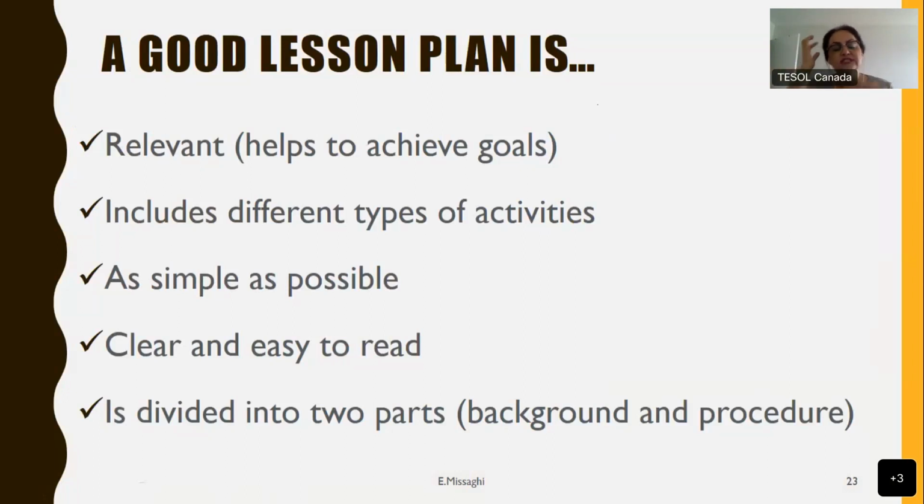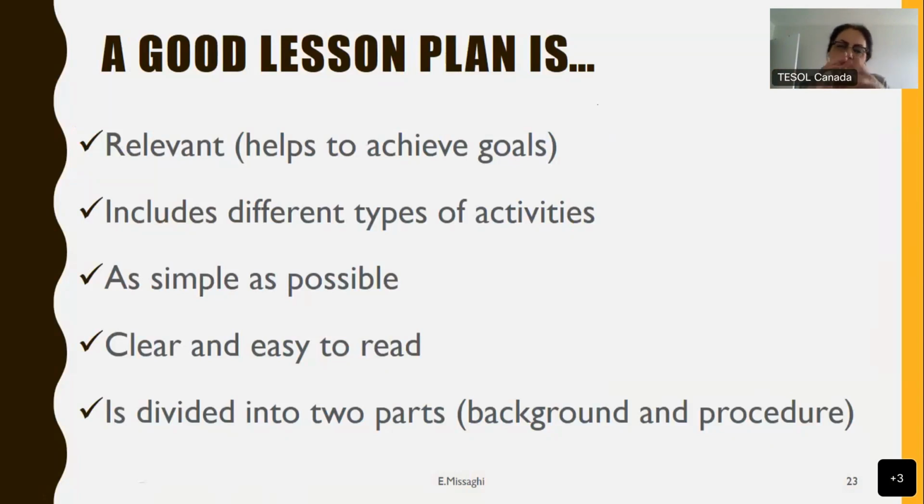Okay, so include a variety of types of activities. And your lesson plan should be very simple. If anything happens, say you suddenly have to go somewhere and cannot go to the class, and you give your lesson plan to your colleague, he or she can follow it easily.